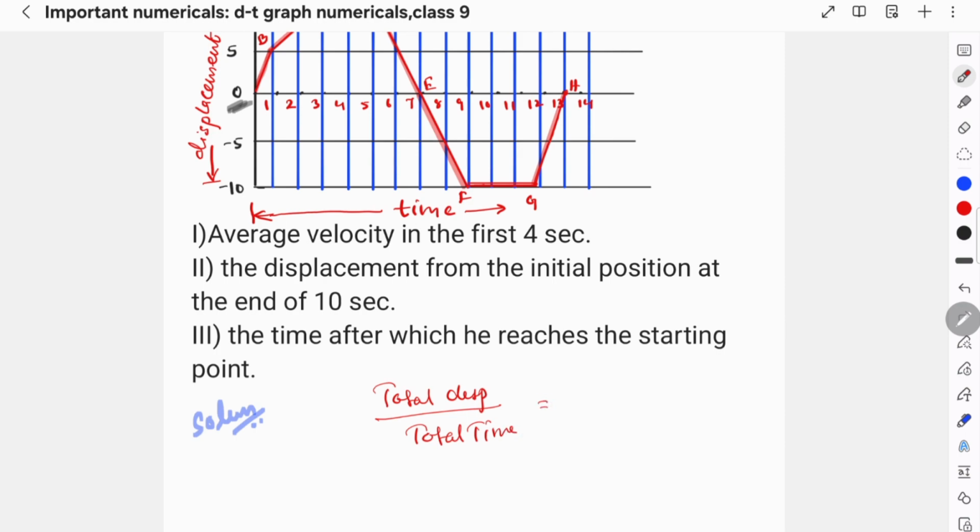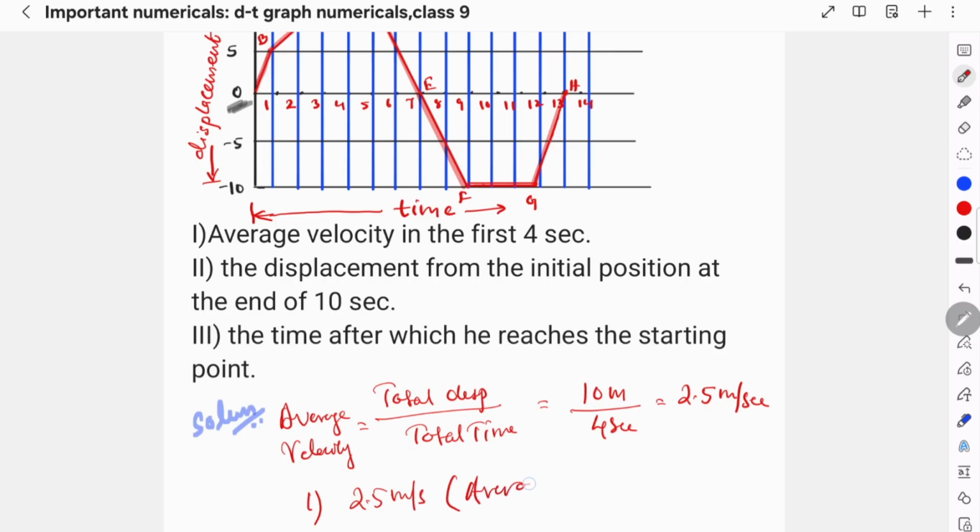Now see, the total displacement is 10 meters and the time taken to cover this 10 meters is 4 seconds. So this will be 2.5 meters per second. So this is the average velocity. The answer for the first part is 2.5 meters per second.